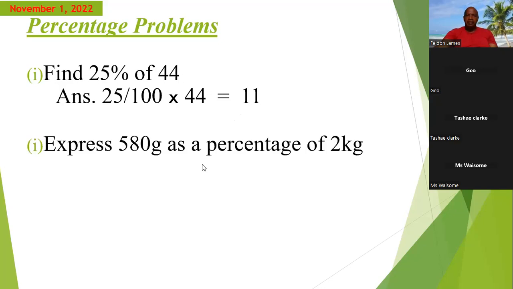Now, I think we had looked at this question. Can somebody remind us how we go through this question again? Are you there, Miss Waysome?